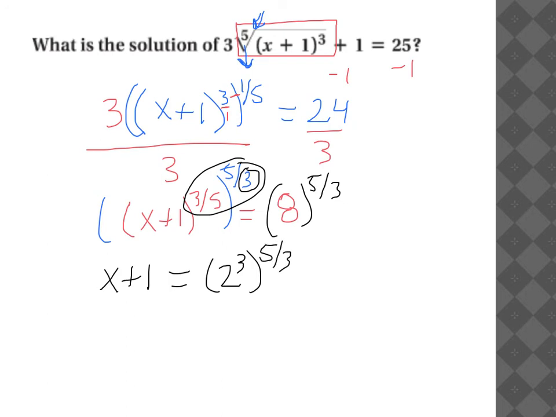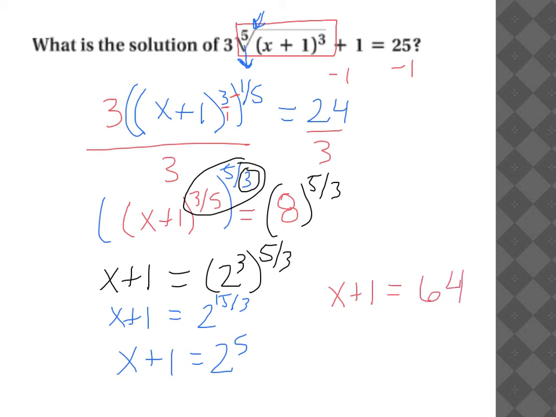So on the left-hand side, I still have x plus 1, and then I would have a power to a power I multiply. So this would be 2 to the 15/3, or x plus 1 is equal to 2 to the 5th. So I actually have x plus 1 is equal to 64, because that's 2 to the 5th, and subtract 1. I get x is equal to 63.